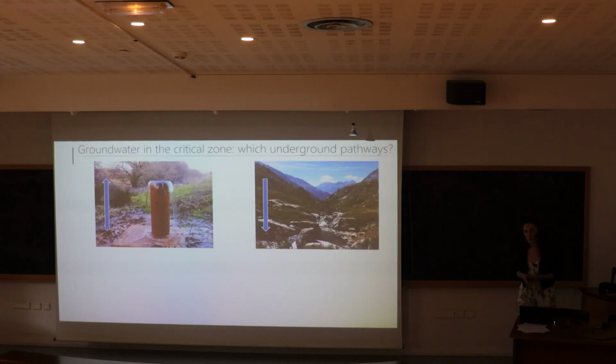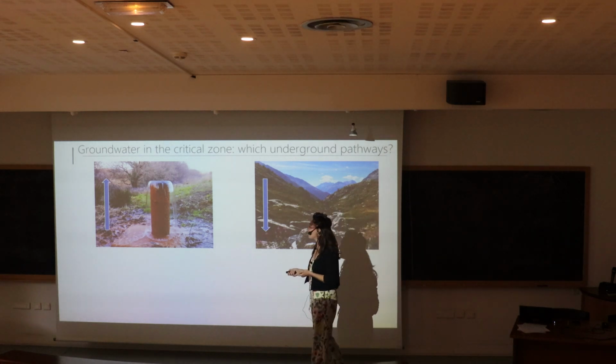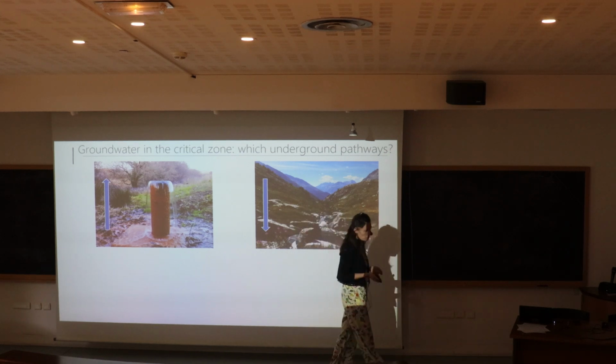Following on what we've seen this morning, we've seen that water is flowing, and René told us everything about it. When you look into a catchment, you can see that there are some places where water is flowing down in the ground, and other places where water is moving up, which is the case you would see in this picture.